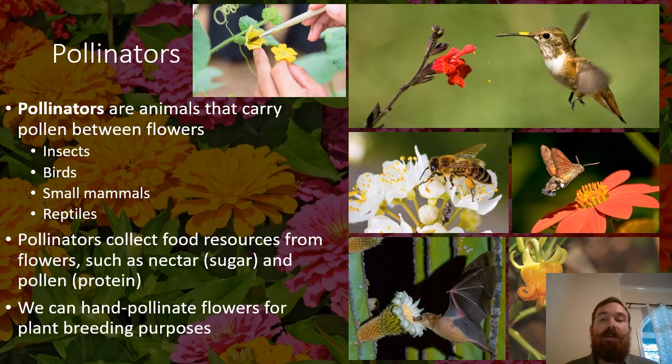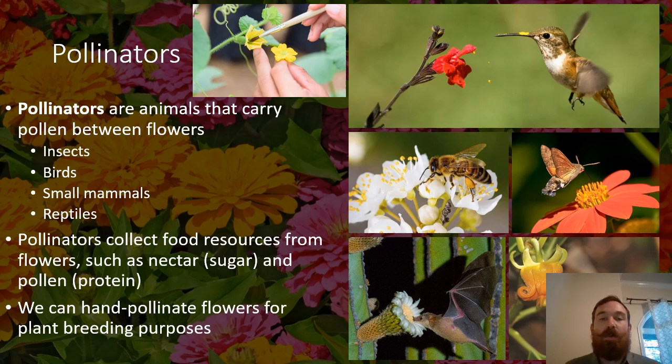So the pollinator is really just in it for a meal. They don't know that they are providing an essential service for the plant. The plant is essentially providing some kind of reward in order to pay the pollinator, or trick them into performing pollination services for them.